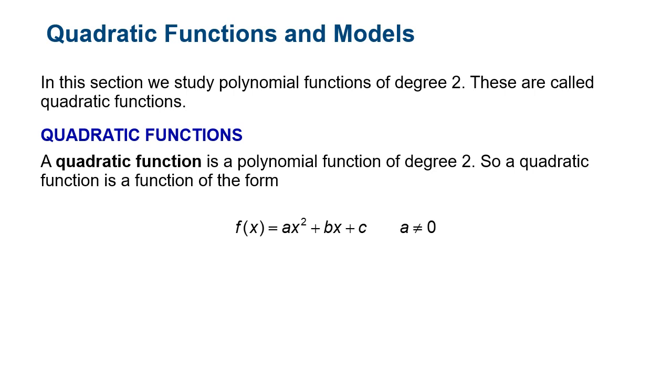Like I said, a quadratic function is really just a polynomial function with the highest power being 2. So we talk about the degree being 2, and so we look at this ax squared plus bx plus c. Typically, we don't want a to be 0, because if a was 0, there would be no quadratic or squared term, and then therefore we'd only have the linear portion of it, and it wouldn't be a quadratic. It would be a linear. So this is the type of function we want to deal with.